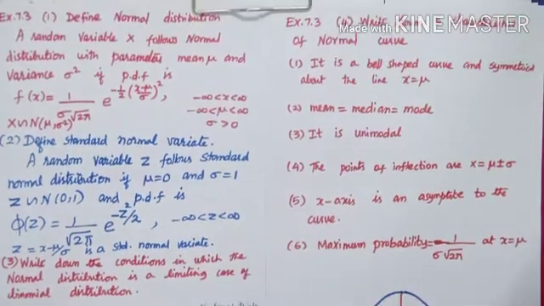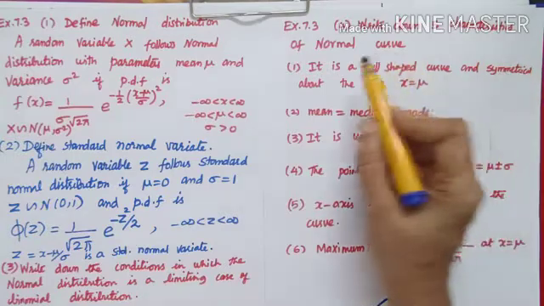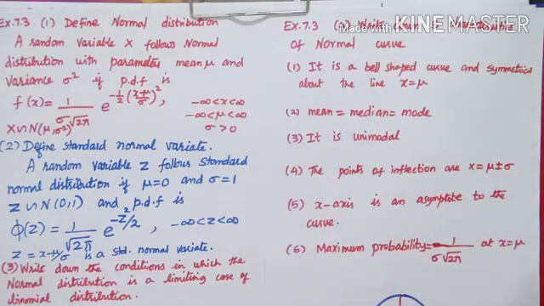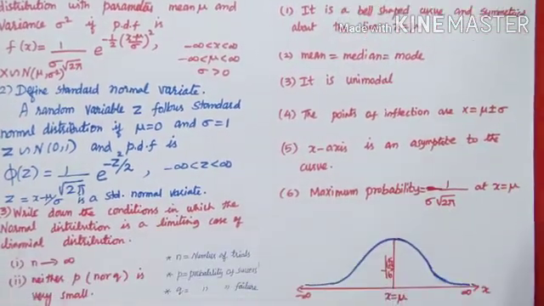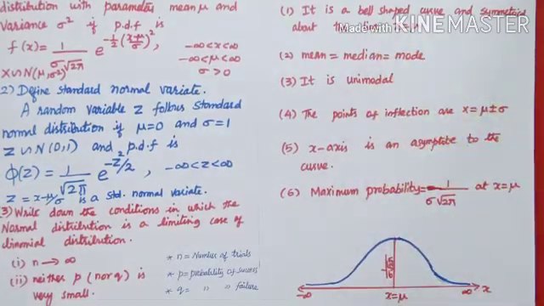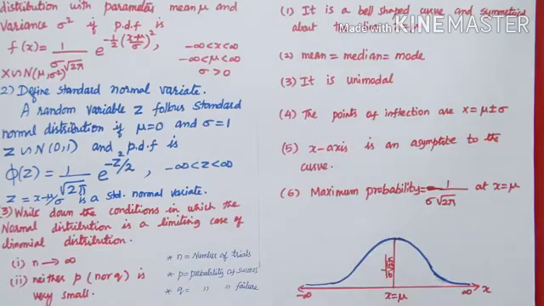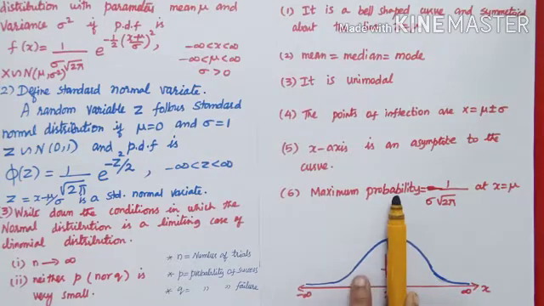Question number 4, exercise 7.3. Write down 5 characteristics of the normal curve. Look at the shape of it. It looks like a bell, so we call it a bell-shaped curve. If you divide it into 2 parts at this line, what is left and what is right are equal.